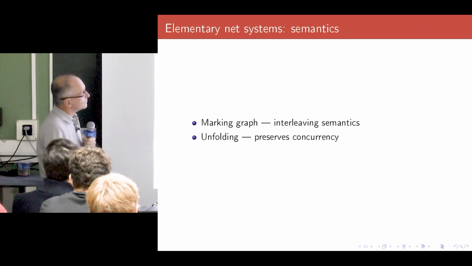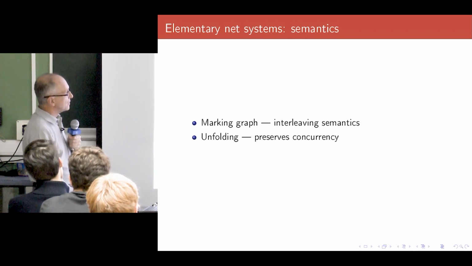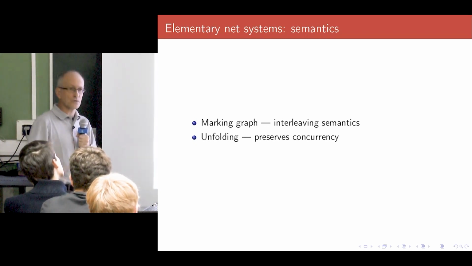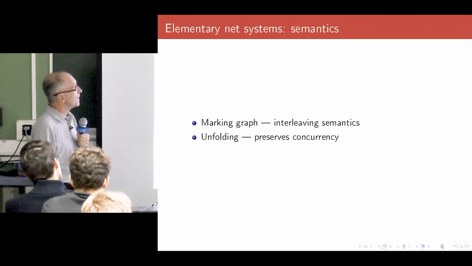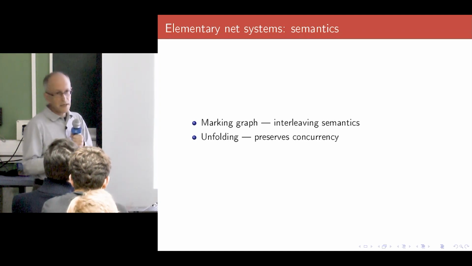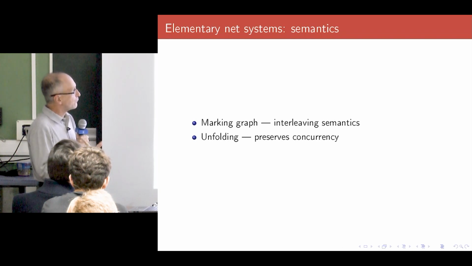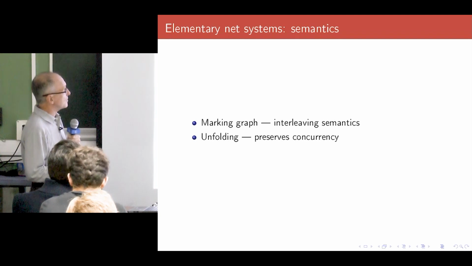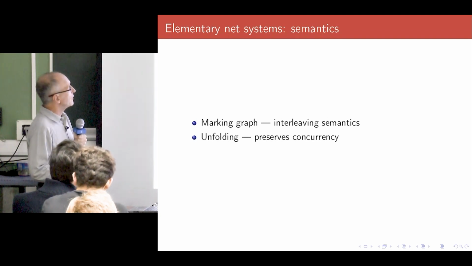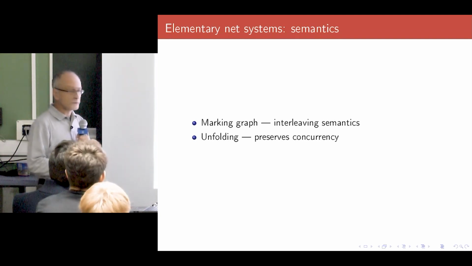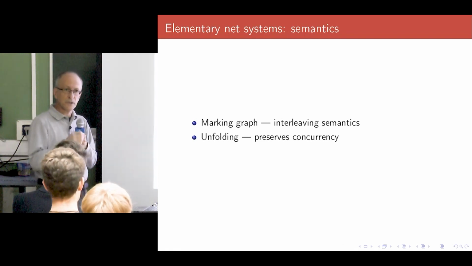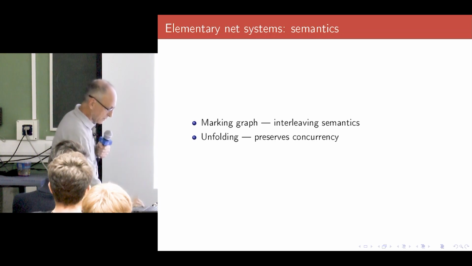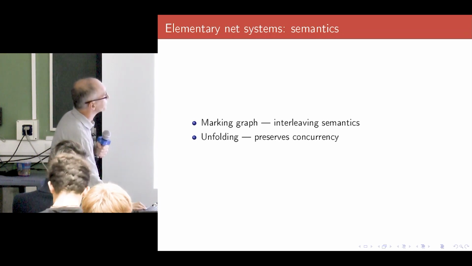So I was telling that we are interested in studying systematically all the possible evolutions of such a model. There are two main formal tools to study systematically the evolution of an elementary net system. One is called marking graph, the other is called unfolding, and I will focus on the second one because it is the one I want to use in describing a new game.